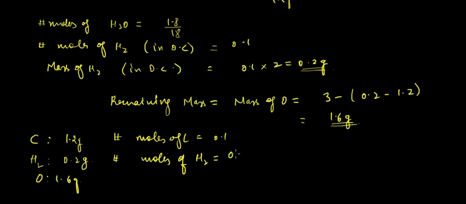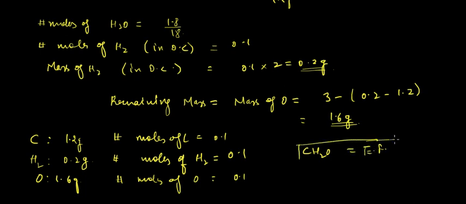Number of moles of H2 would again be 0.1. Okay, and number of moles of O would again be 0.1. Okay, 1.6 divided by 16 is 0.1. So CH2O would be the empirical formula.